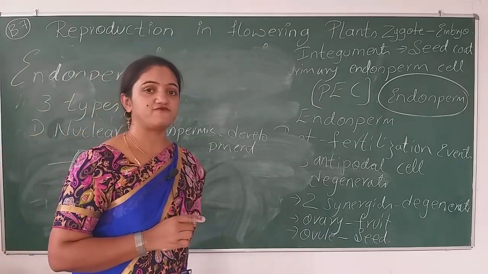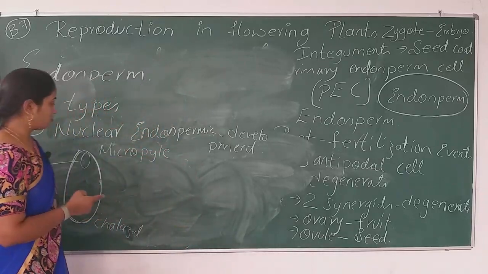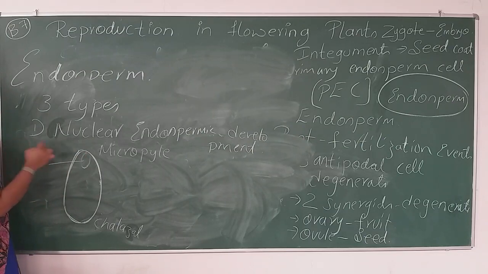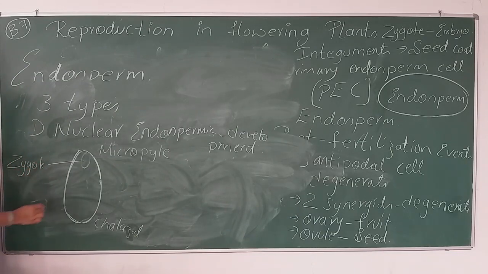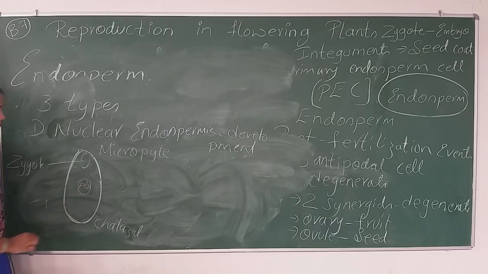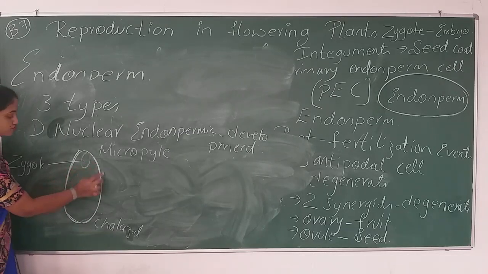After that, the zygote forms, near to the micropylar end. This is the zygote, and here it will be the PEN, having a number of tissues. Now this is the endosperm.